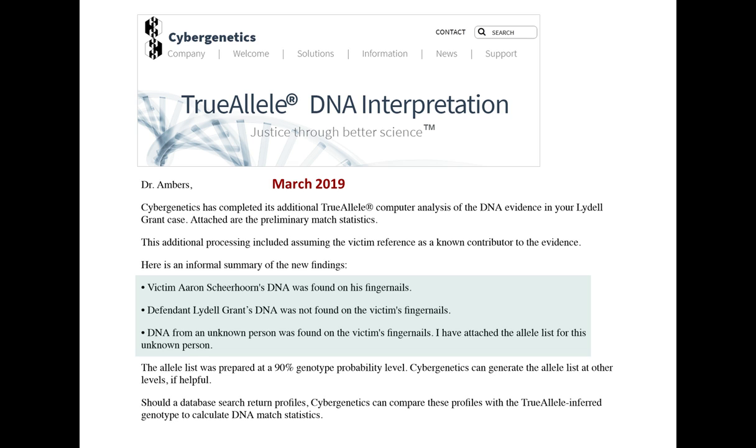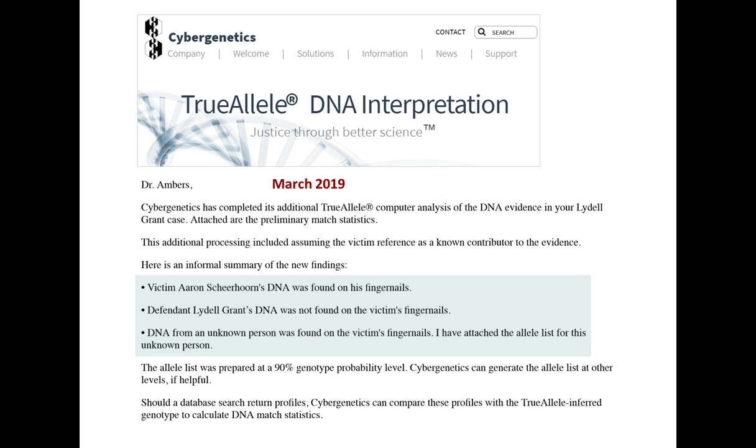And basically, you can see here, this is actually a screenshot of the email that I got back in March 2019 saying, if you look at the highlighted region, victim Aaron Scheerhoorn's DNA was found on his fingernails. Well, we knew that because they are Aaron Scheerhoorn's fingernails. But the very next bullet point there, you'll notice, is defendant Lydell Grant's DNA was not found on the victim's fingernails. So he's excluded as a contributor to that DNA mixture.